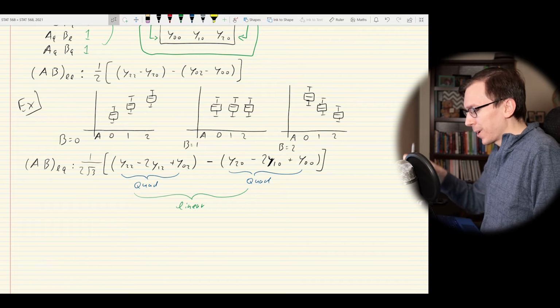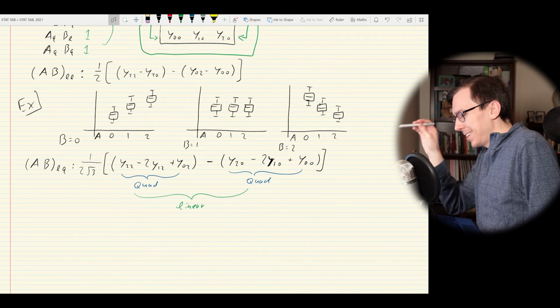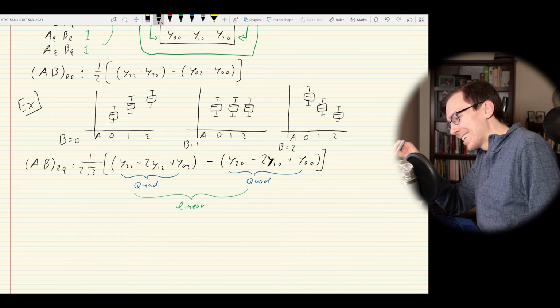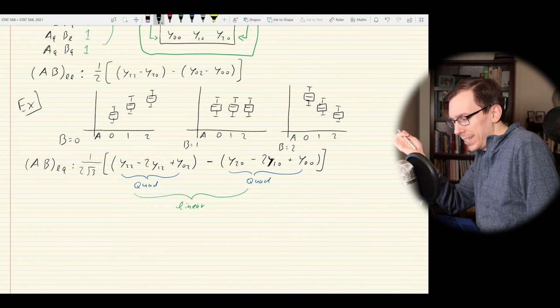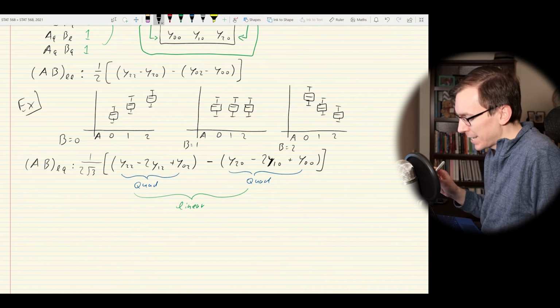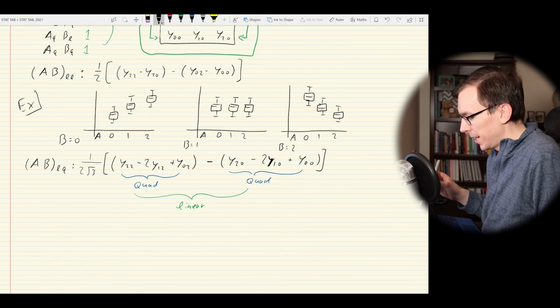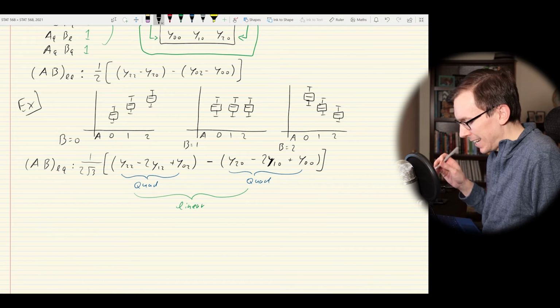What we're looking for is a linear change in the quadratic contrast. I think I had my A and B backwards here, but they're both linear, so it doesn't really matter. In this case, we're looking for a quadratic contrast in B that changes linearly in A.